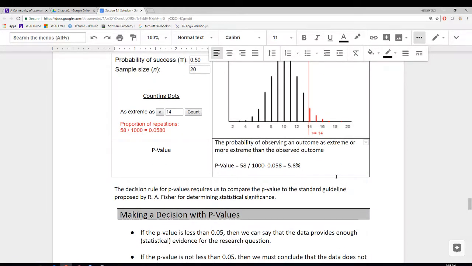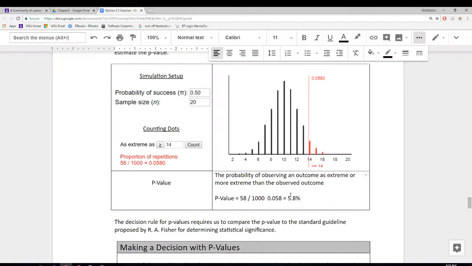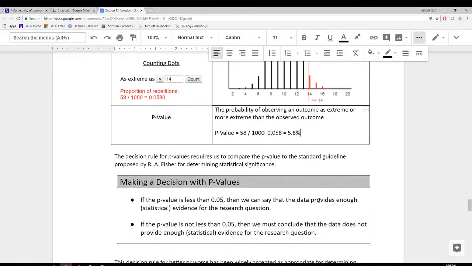The nice thing about a p-value is it actually provides a measure for the amount of evidence. We can see that 14 is actually pretty close to the top 5%. It actually sits at the top 5.8%.